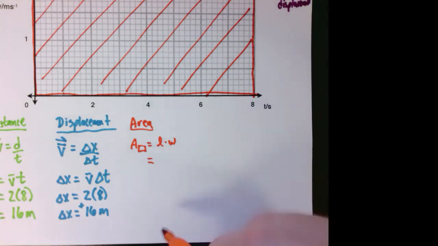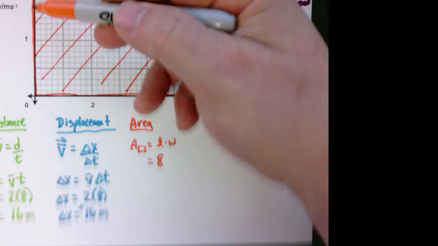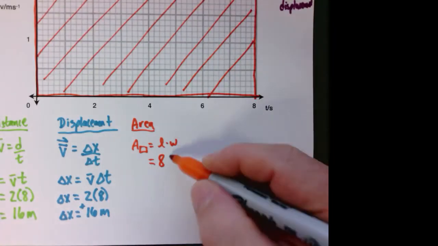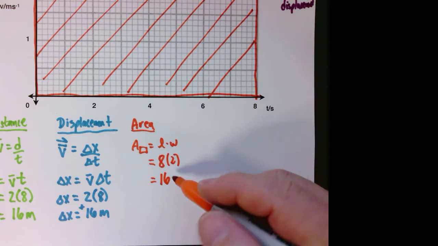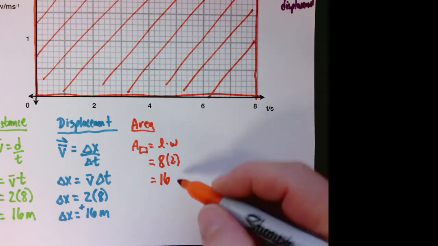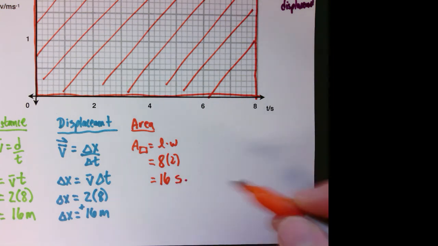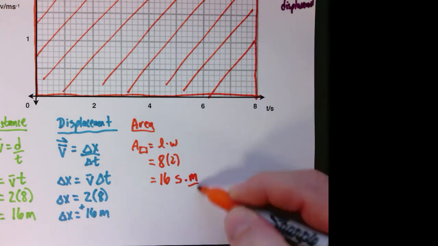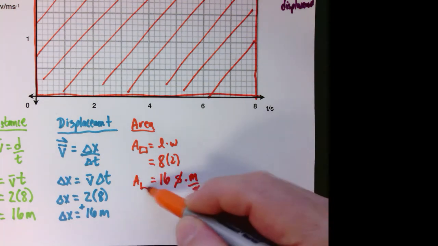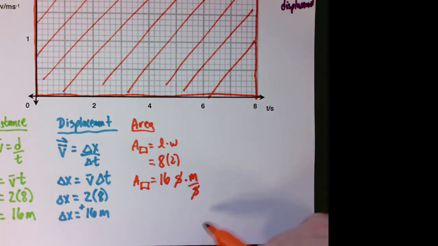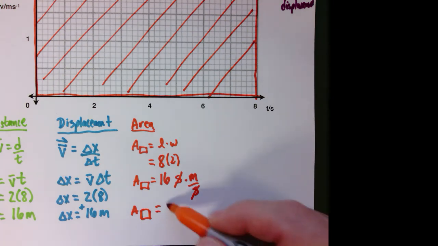The length, in this case, we might consider to be 8, in this direction 8, in this dimension 2. So 8 times 2 gives us an area of 16. Now if we did the dimensional analysis, we have 8, which is seconds, and 2, which is meters per second. And you can see the seconds cancel and we're left with meters. So the area of the rectangle also gives us 16 meters, which of course we can see agrees with the displacement.